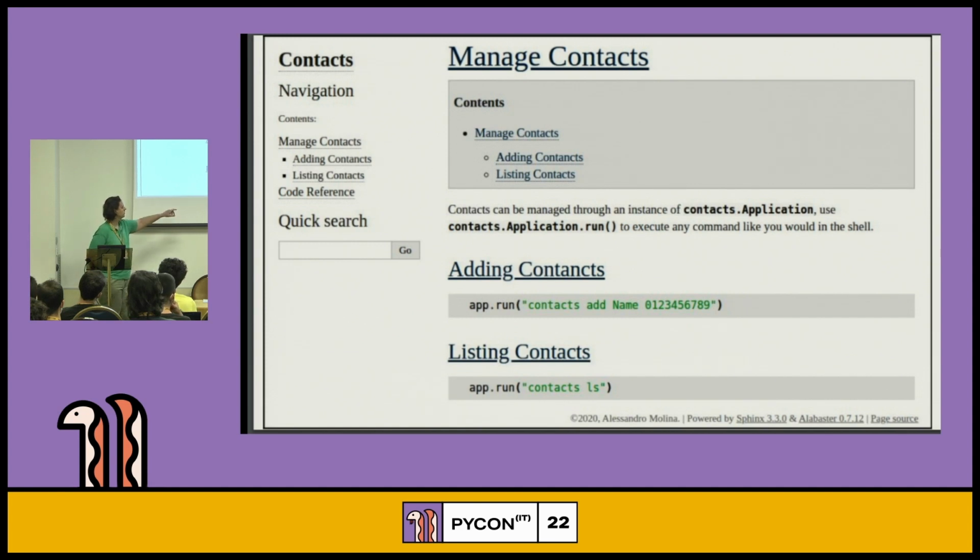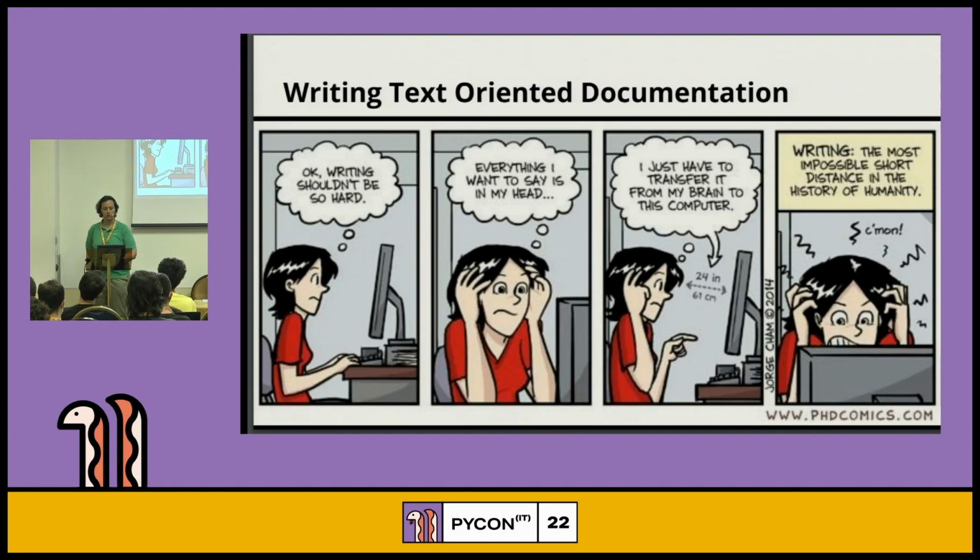We want to test that the commands or the code that we are showing in the documentation still applies and works correctly with our currently released code, so that if we made any change to the application, the code actually works as expected.